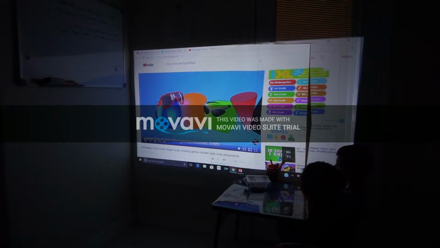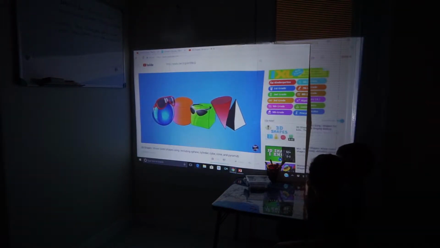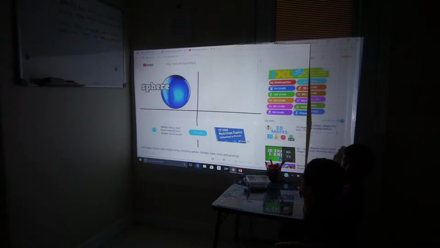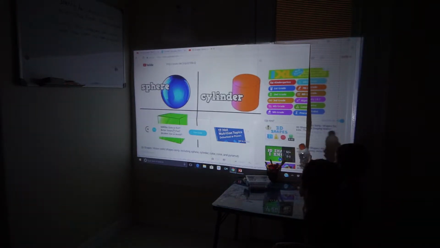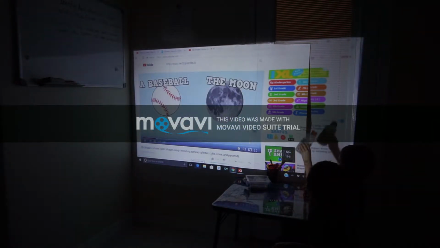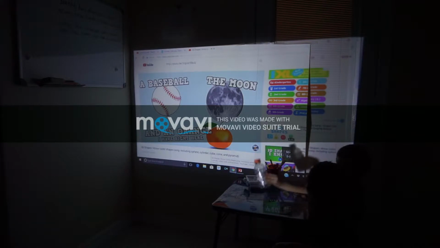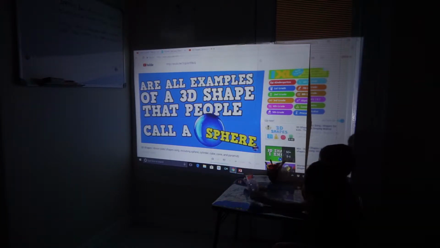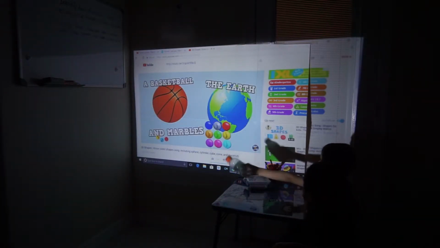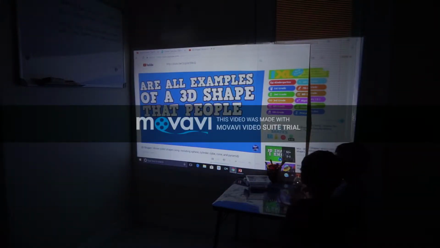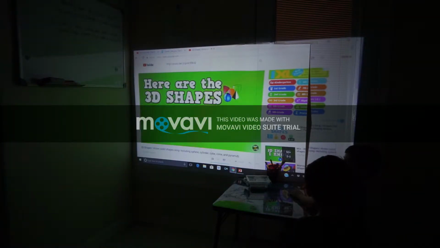I'm a 3D shape expert. Here are 3D shapes that I know. A sphere, a cylinder, a cube, and a cone. A baseball, the moon, and a board I have right here are all examples of a 3D shape that people call a sphere. A basketball, the earth, and marbles I have here are all examples of a 3D shape that people call a sphere. Here are the 3D shapes that I know.